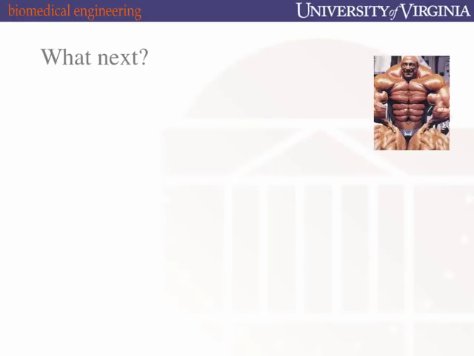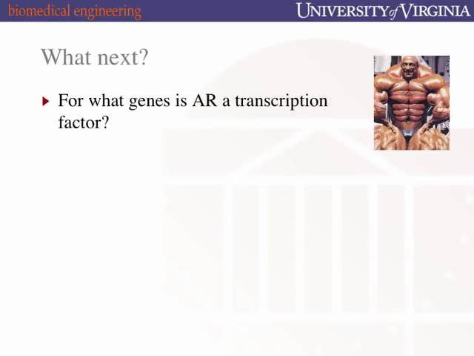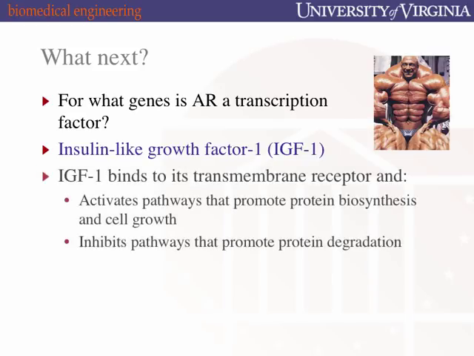So what happens now? AR, in the presence of these steroid hormones, is active all the time inside the nucleus, turning on genes. And one of the major targets for androgen receptor signaling is not insulin itself, but another ligand in the family called insulin-like growth factor, or IGF-1.